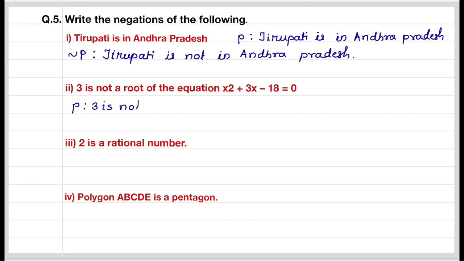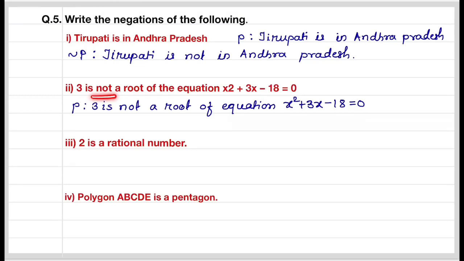P: 3 is not a root of the equation x square plus 3x minus 18 is equal to 0.